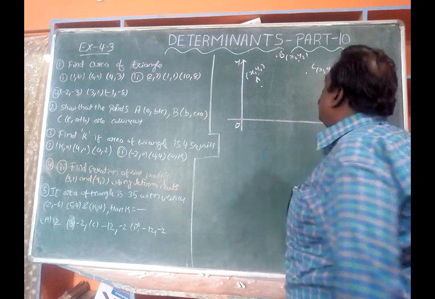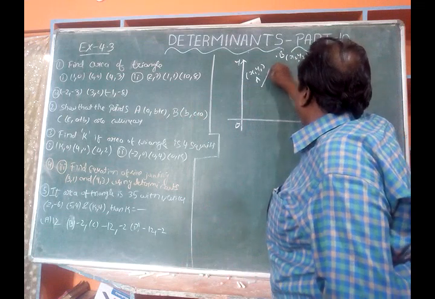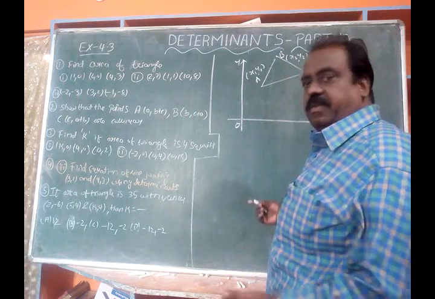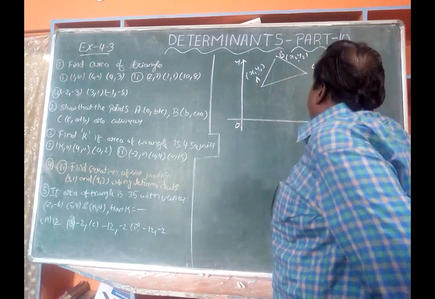Then, what is the area of the triangle whose vertices are given: A (x1, y1), B (x2, y2), C (x3, y3)?